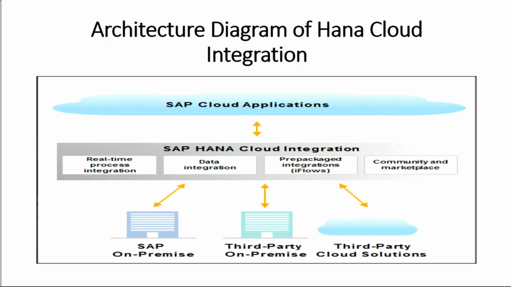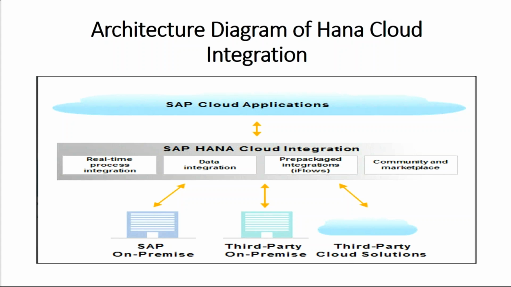So SCP has a strong marketplace community and SCN community, which will help solve the issues whenever there are, and SAP is also there in the back end if something is out of hand, which cannot be directly solved by the customer or the community.